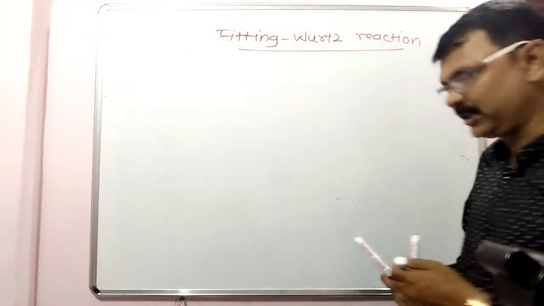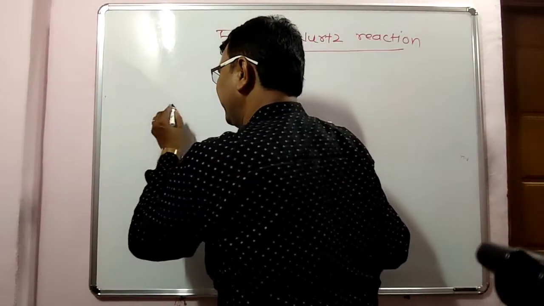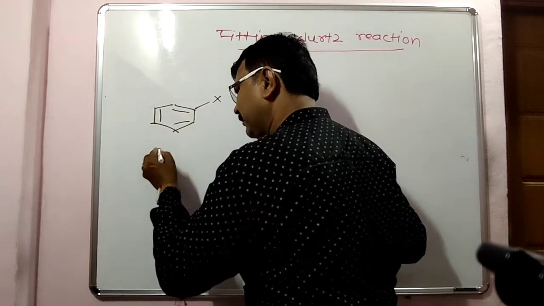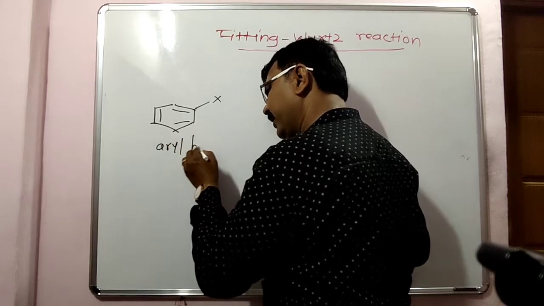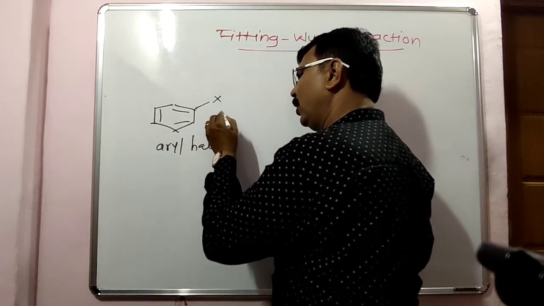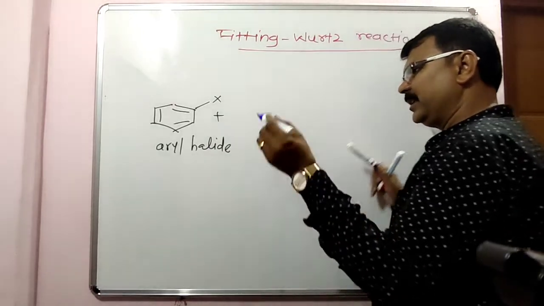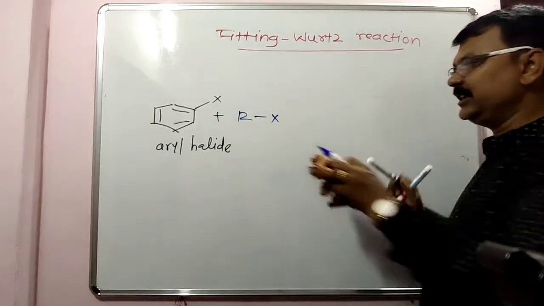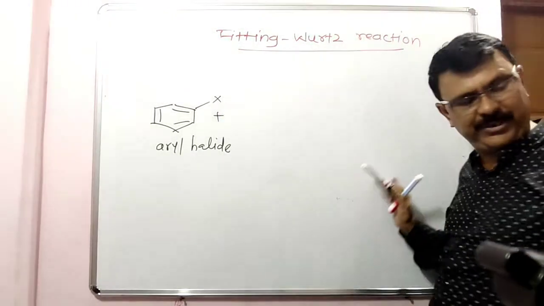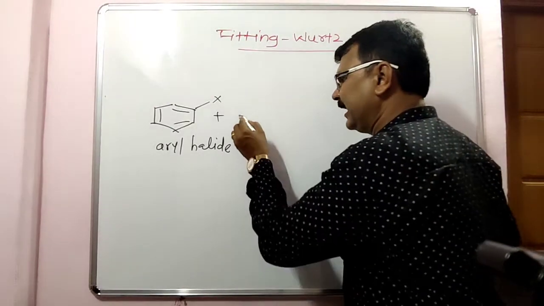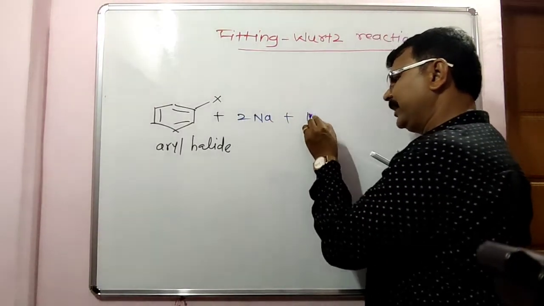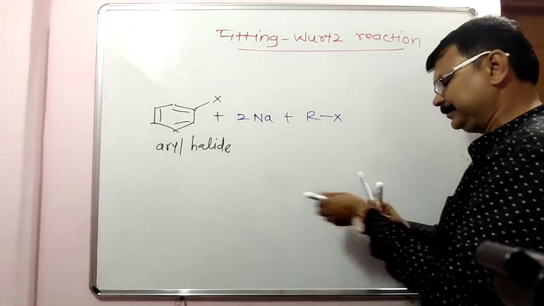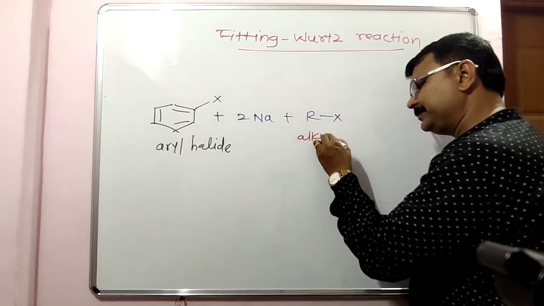A simple general reaction, like this. Name of the compound: aryl halide. Aryl halide is reacted with alkyl halide. Actually, a mixture of alkyl halide and aryl halide is reacted with sodium metal. What is this, RX? Alkyl halide.